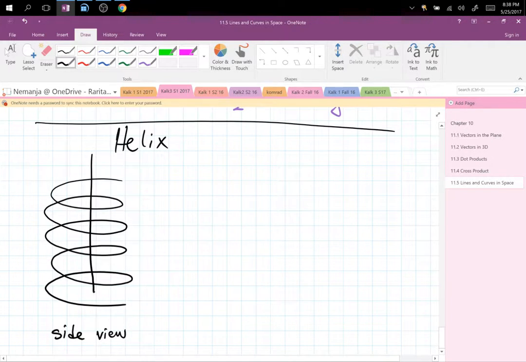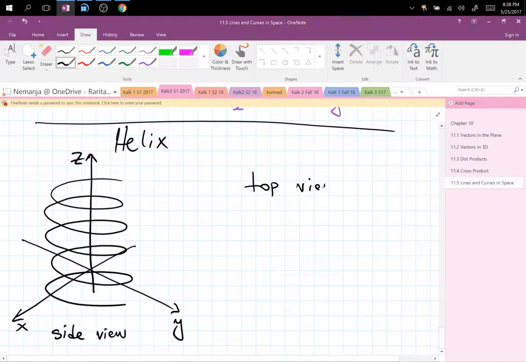And you would have a top view, which is just a circle.